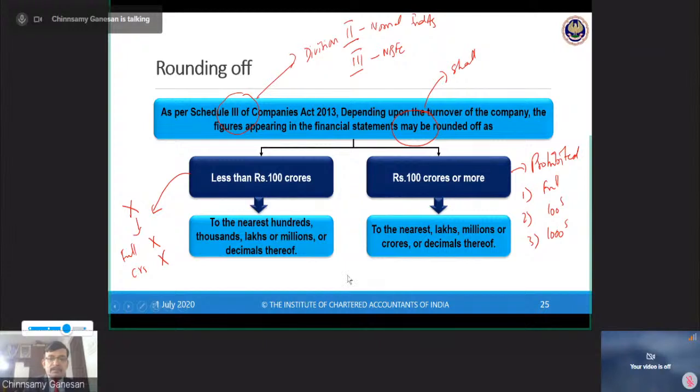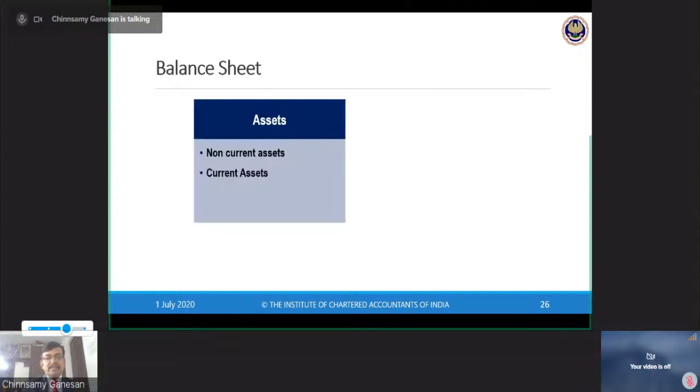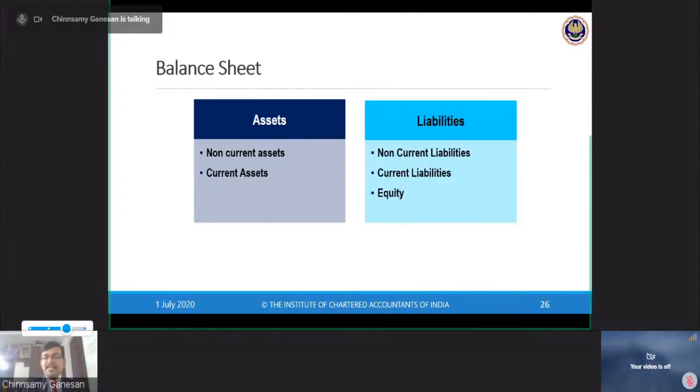Now, let us go to the balance sheet and understand how the balance sheet is being prepared. You might have already seen the balance sheet, and it contains the asset side, non-current assets and current assets, and on the liability side, non-current liabilities, current liabilities and equity. I have explained that the assets are presented first.